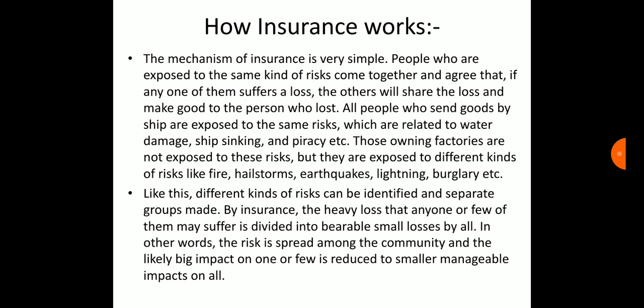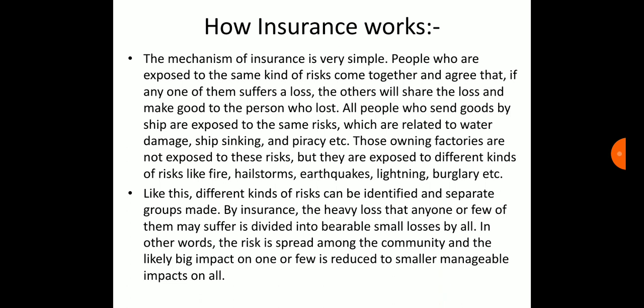How insurance works. The mechanism of insurance is very simple. People who are exposed to the same kind of risks come together and agree that if any one of them suffers a loss, the others will share the loss and make good to the person who lost.